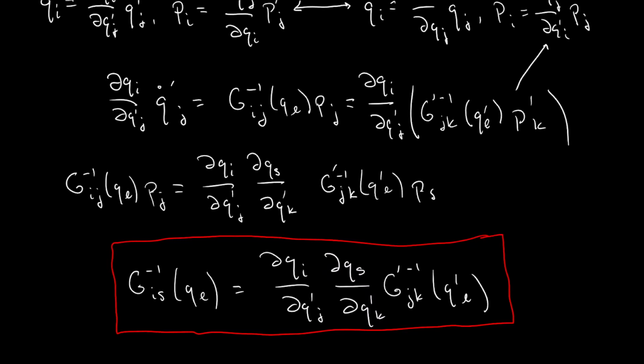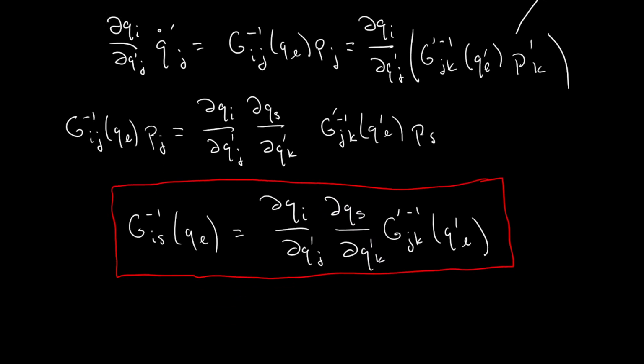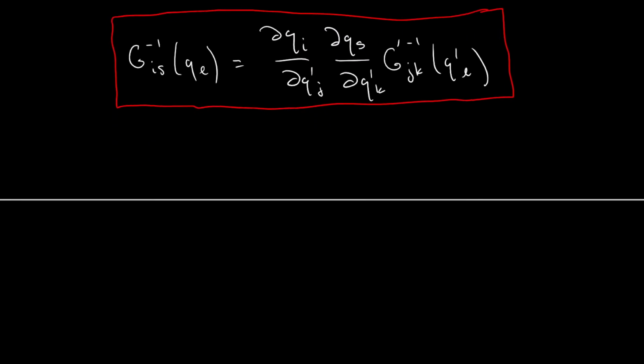So, yet again, now that we know how G inverse transforms, we can always find our Hamiltonian in any set of coordinates just by finding the elements of G inverse. In particular, if we start from Cartesian coordinates, this just becomes G, and this is one that we'll use quite often because the Hamiltonian tends to be pretty easy to write down in Cartesian coordinates.